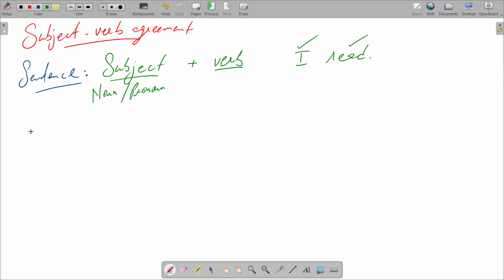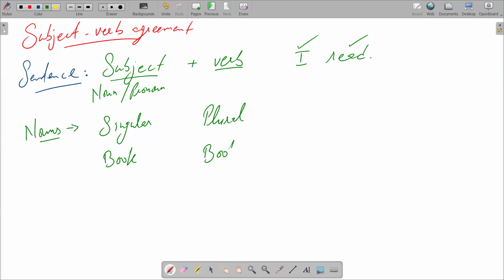Okay. And for nouns and pronouns, let's just stick to nouns first. We know that they can be singular or plural. For example, you've got the noun book, and the plural is books.